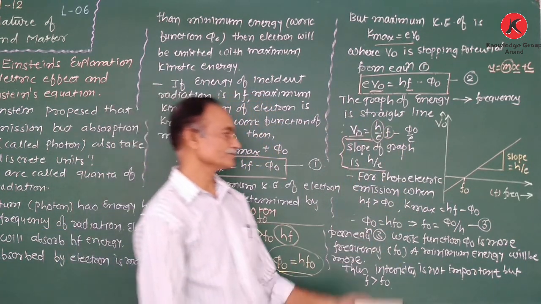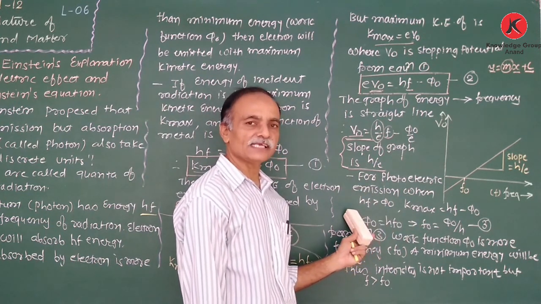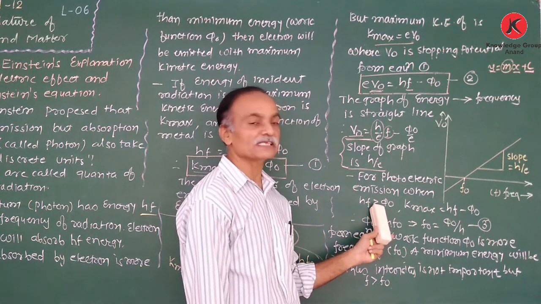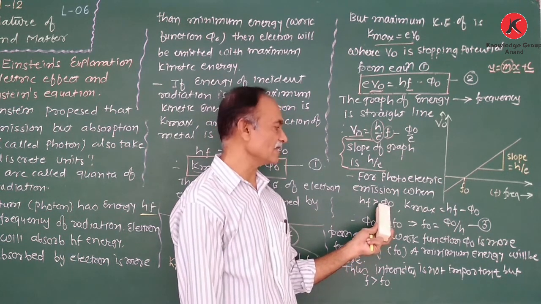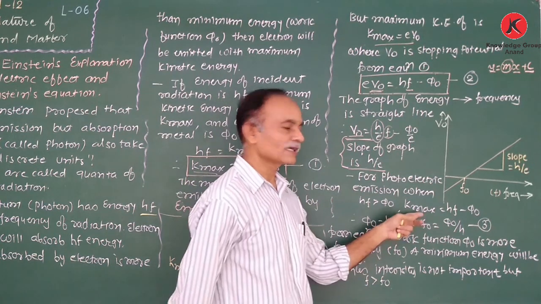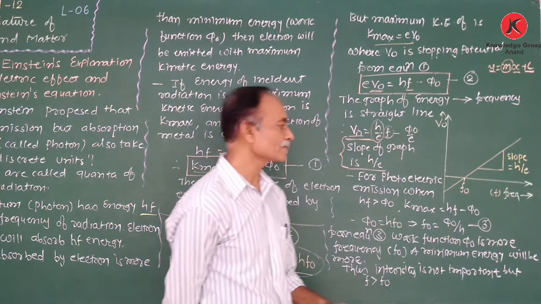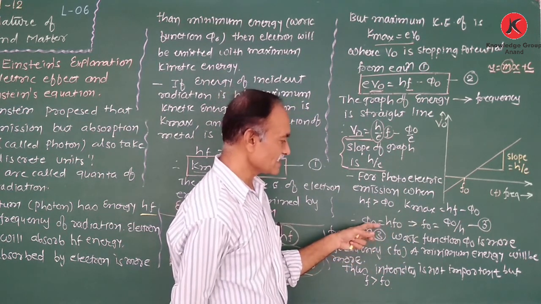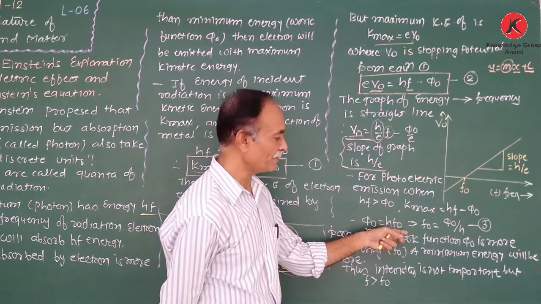For photoelectric emission, when the energy of incident radiation is much more than the minimum energy required, that means the work function, the maximum kinetic energy is hf minus phi 0. Therefore, from this equation, phi 0 is equal to hf0, where f0 is the threshold frequency.